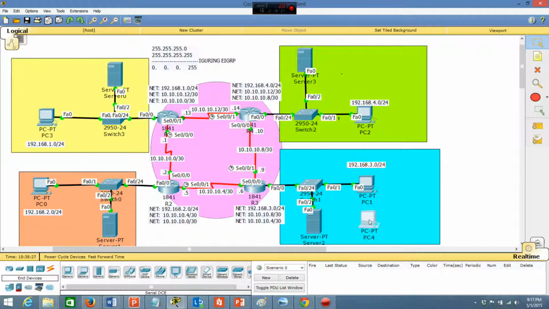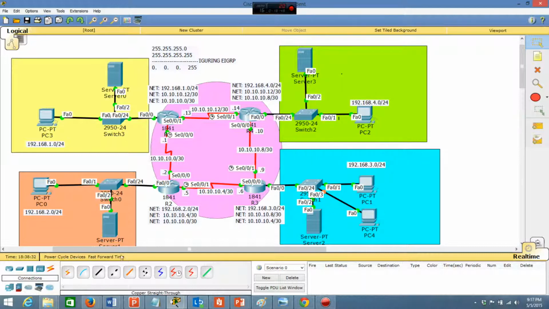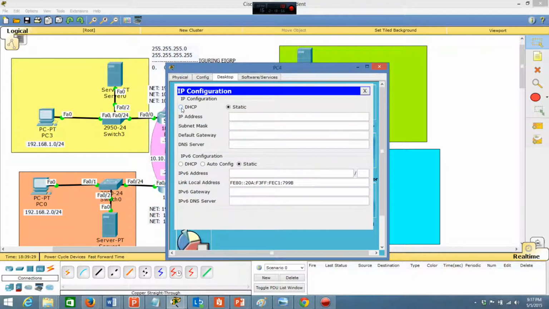As you can see, we have our DHCP server right here. So we don't have to configure basically anything. We just want to pull our IP address from our DHCP server, and that should be totally okay as well. So do that, and then take the next available port, fast forward. Up here, desktop, IP configuration, DHCP.